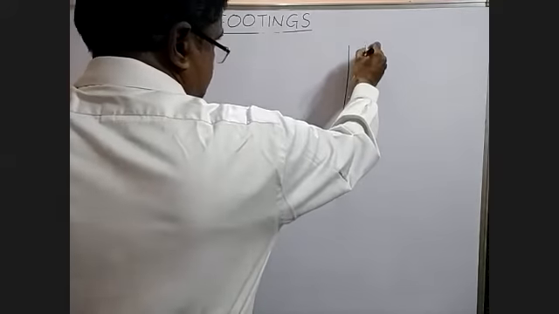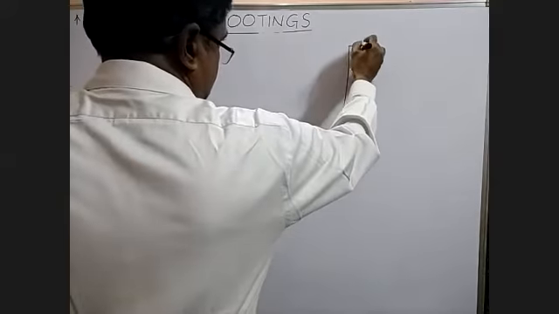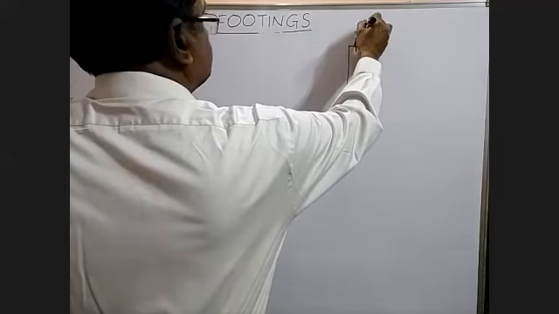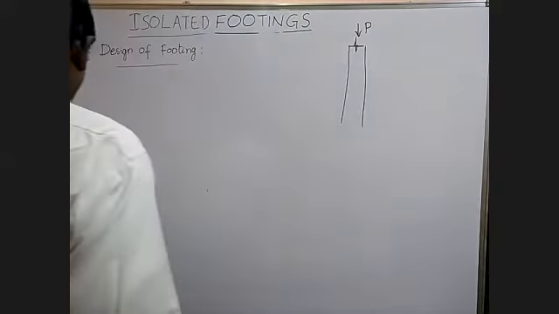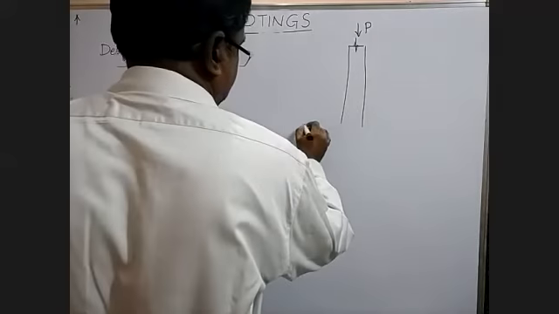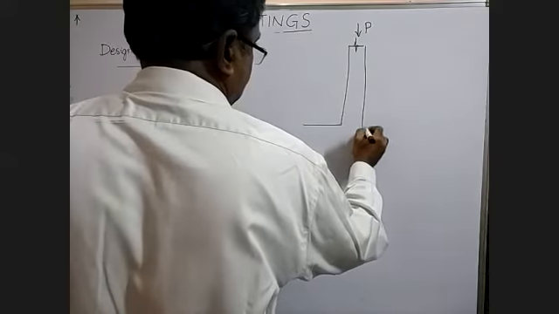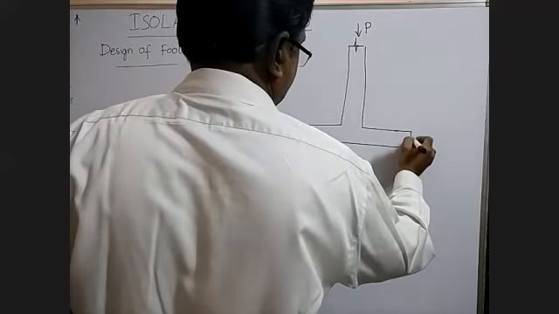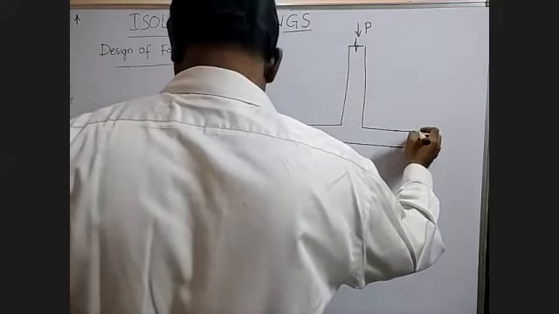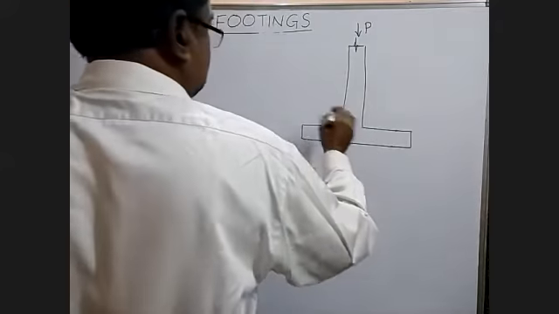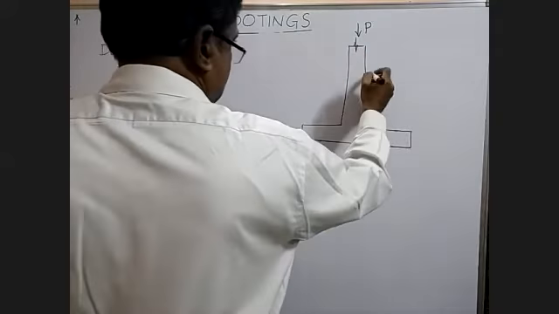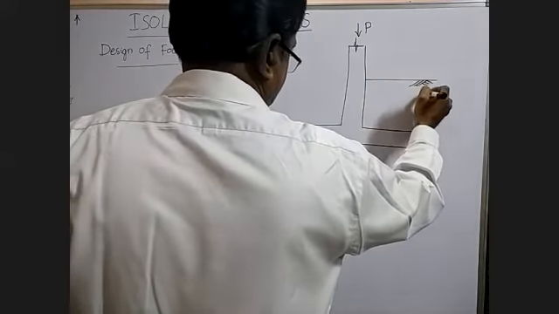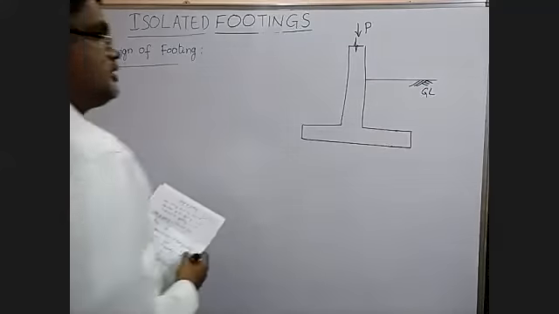Let us say this is a column. The load from the column is, let us say, P. This is the footing. And let us say this is the ground level, denoted with GL.